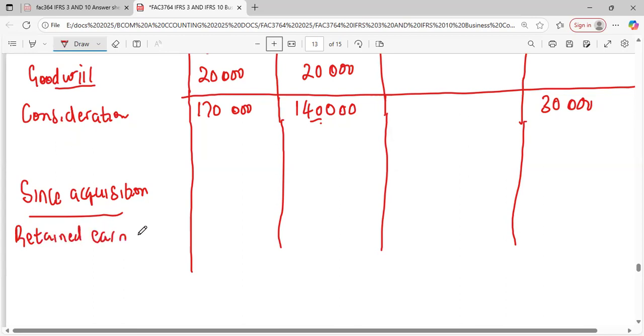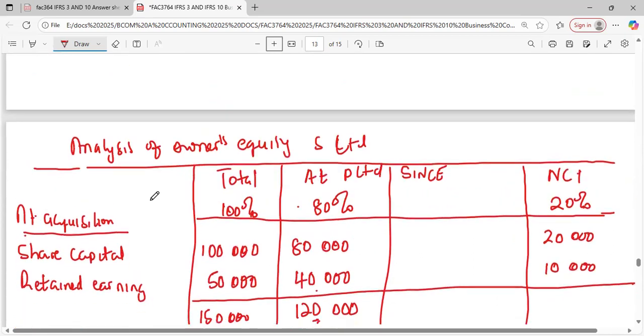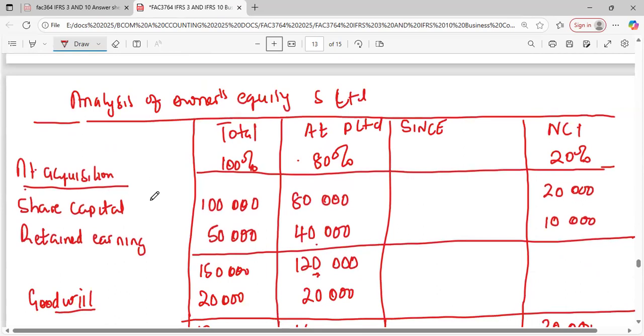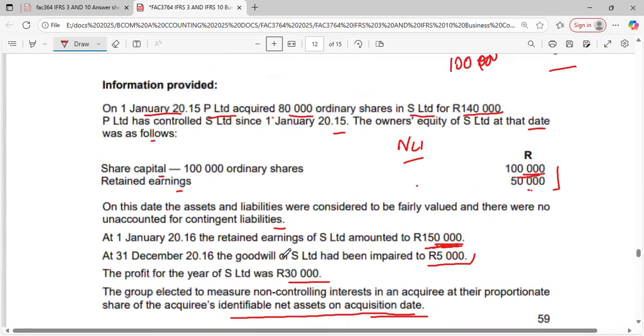This retained earning is going to be the difference. Remember, the since acquisition is not going to form part of the equity. We only include the retained earning at acquisition as part of the equity. So everything that was made since acquisition is no more going to be part of the equity. So it's now going to be shared. So this is the retained earning at 1 January 2016. So the increase in the retained earning is what they are going to share here.